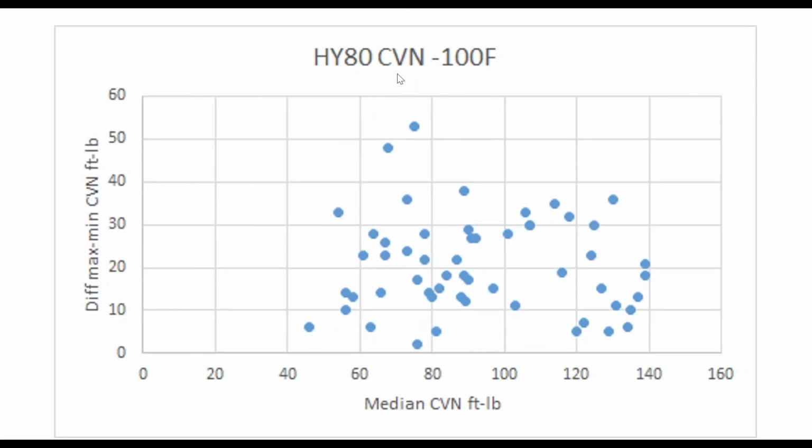If I do that for the HY80 material, with an average of 80 instead of more like 60 or 50, I get 20 foot-pounds between the highest and lowest value. So that gives you some indication of the uncertainty involved in making the CVN measurement.